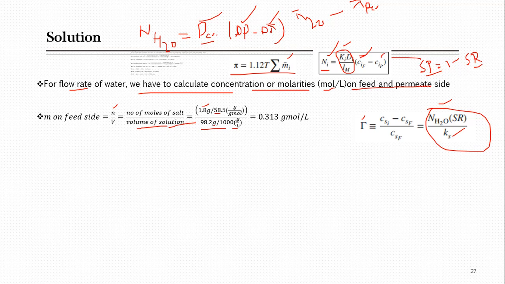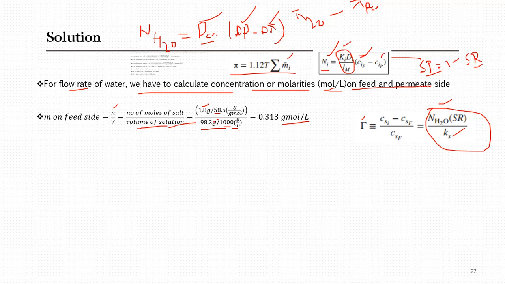Water is 98.2 gram and its density in these units is 1000 gram per liter. Here you can even start with 1 gram per cubic centimeter, and you will finally reach this point. Why? Because at the end of the day this molarity should have the unit of mole per liter, so due to this I am using this density value.